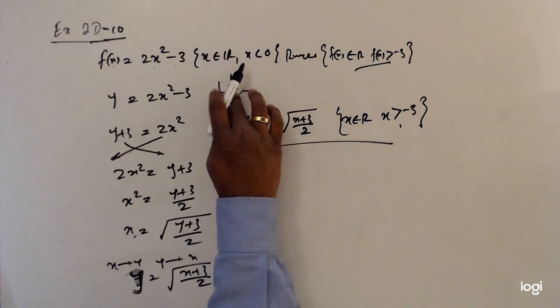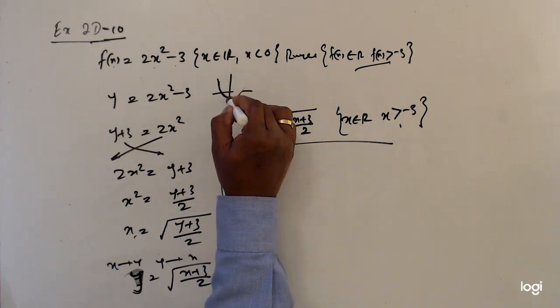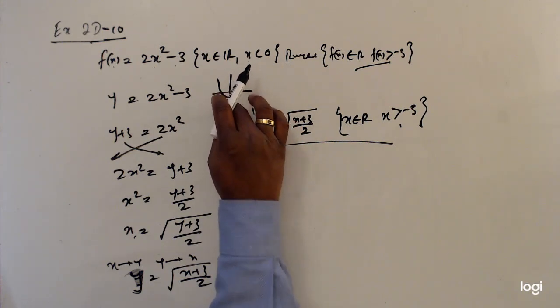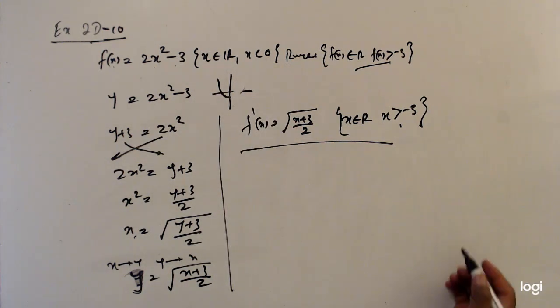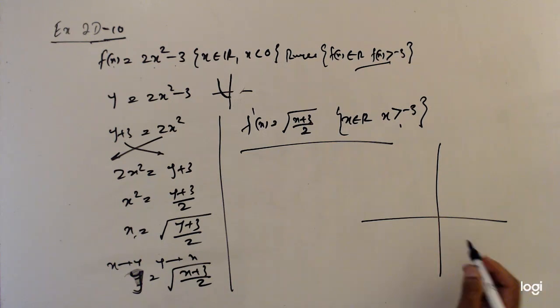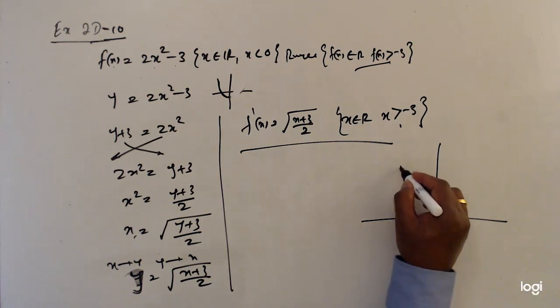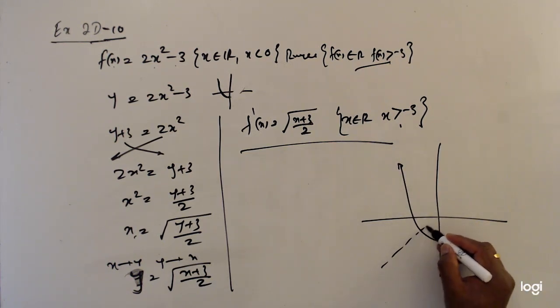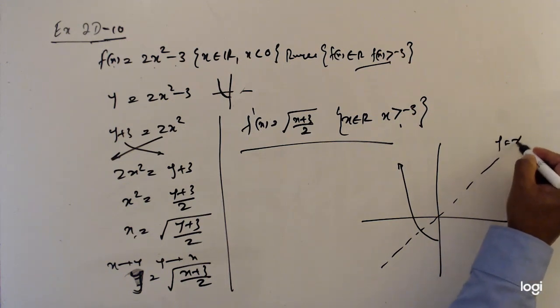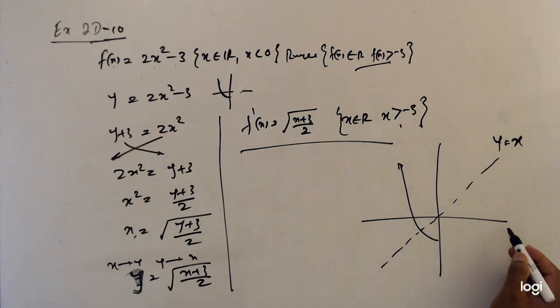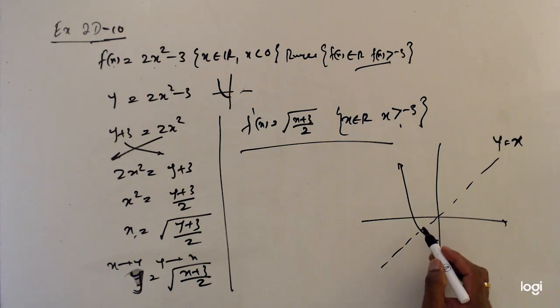So we pick this one. Now we see we pick up this one, and this is y = x, and so this is the mirror reflection. So this is minus 3.